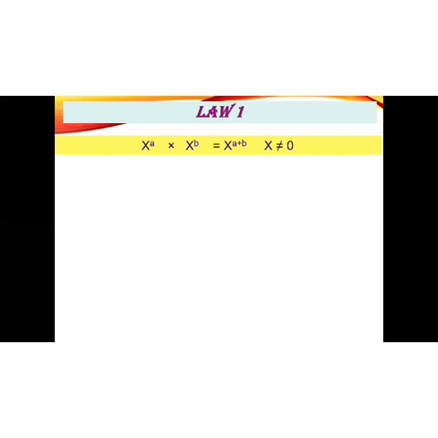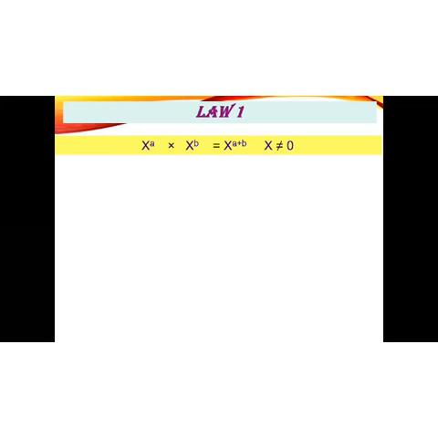As you can see, we have x raised to the power of a times x raised to the power of b. The common thing there is x, and it's called the base. If you're going to use this law, the two numbers you're dealing with should have the same base.